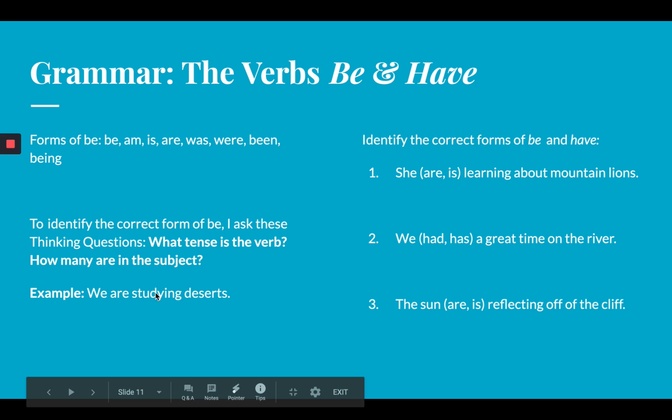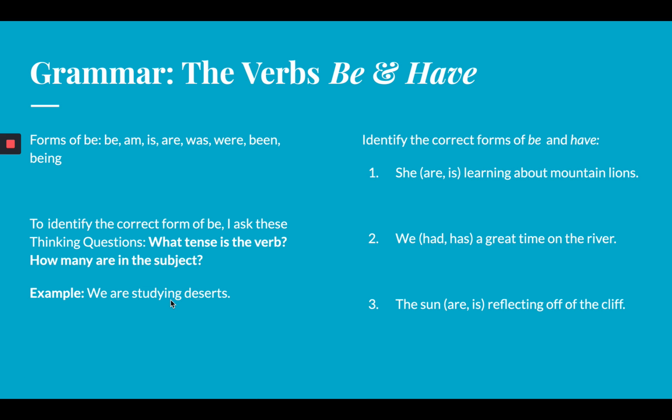I know that studying is in the present tense, so I also need my form of be to be in the present tense. I see that I have are as my form of be. We are studying deserts. I know that that is in the present tense, so that is the correct form of be.